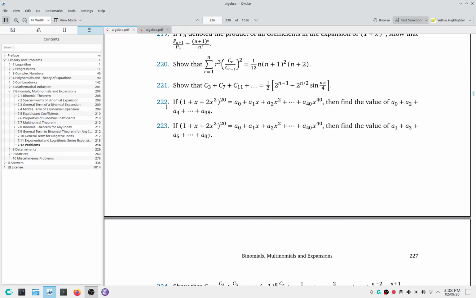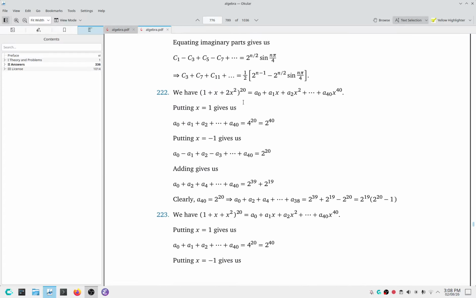Question 222 says that if 1 plus x plus 2x squared to the power 20 is equal to a0 plus a1x plus a2x squared and so on up to a40 x to the power 40, then find the value of a0 plus a2 plus a4 and so on up to a38. So we put x is equal to 1, we get a0 plus a1 plus a2 up to a40 is equal to 4 to the power 20, that is 2 to the power 40.